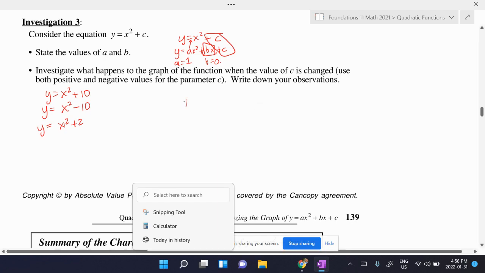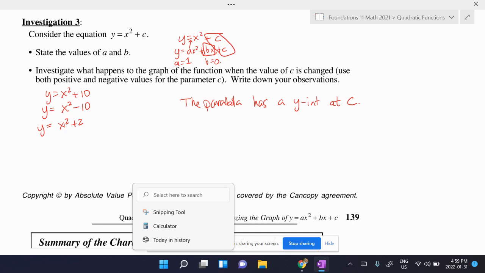Okay, so hopefully what you notice is the parabola has a y-intercept at c. And the reason for that is if you think about this, if x is equal to 0, which is when there's a y-intercept, y is going to be equal to whatever this is.